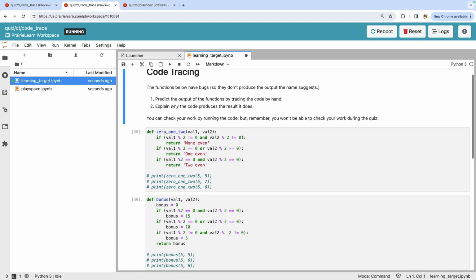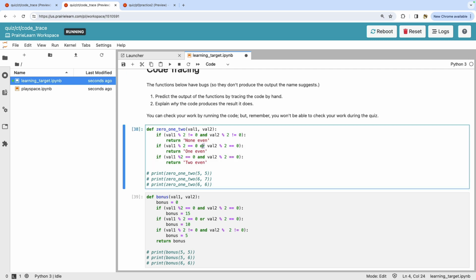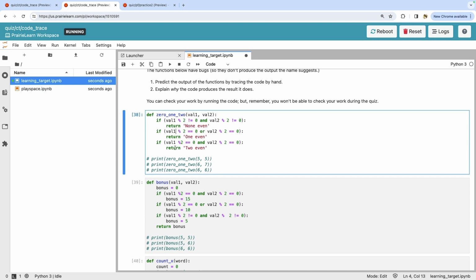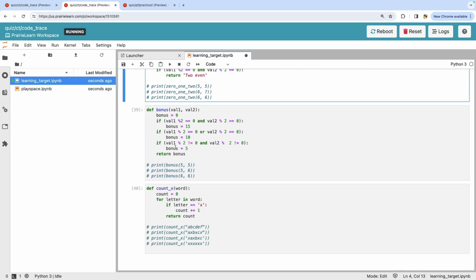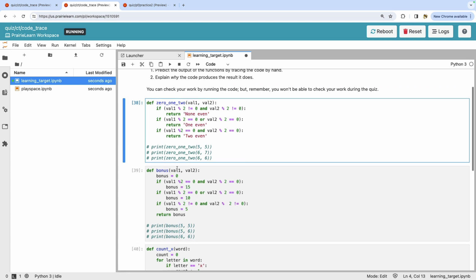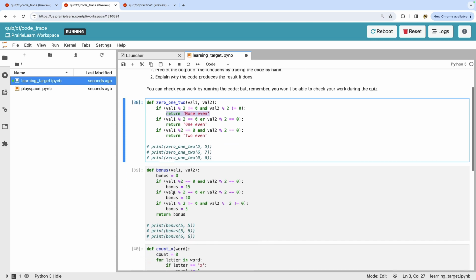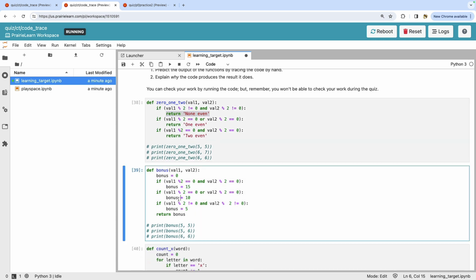So you can see here from these kinds of problems, we'll be making sure that you can trace code with ands and ors in it, that you'll know the difference between if statements and if else statements, which I don't have an if else right here. And also notice the difference between an if statement with a return in it and an if statement that just sets a variable that gets returned at the end.